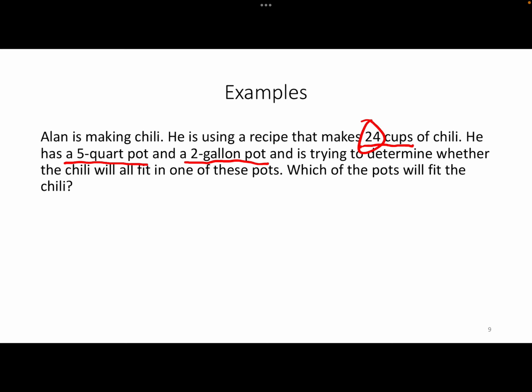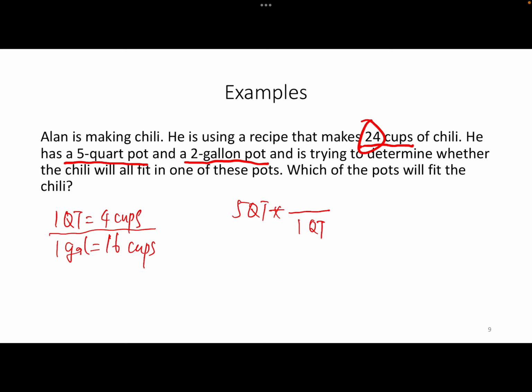Okay, so based on the conversion factors from previous slides, 1 quart equals 4 cups and 1 gallon equals 16 cups. So a 5-quart pot is equivalent to how many cups? Based on this conversion factor, the quart is the undesired unit, so we need to put it on the denominator.